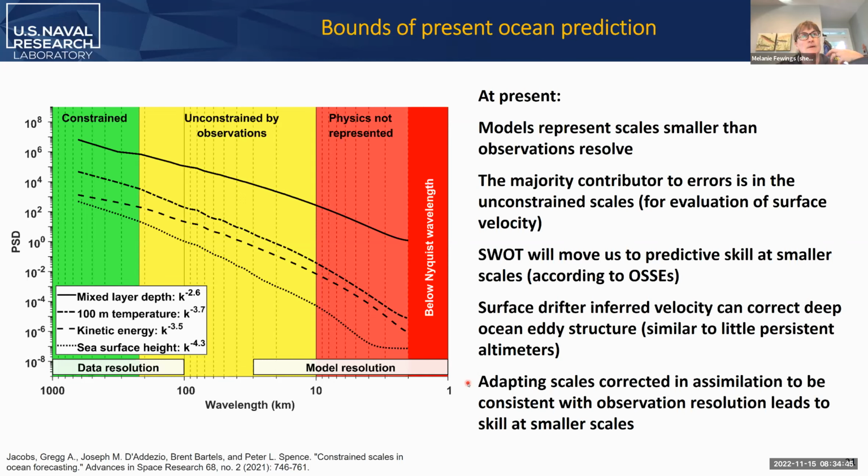So how much would the assimilation machinery need to be changed, and is it possible so that you're not assuming that the covariance functions or the balance operator is horizontally symmetric?